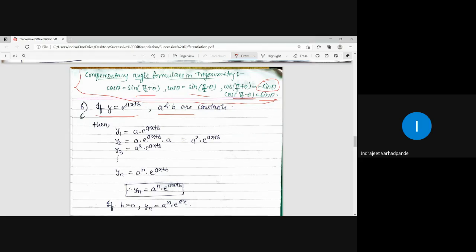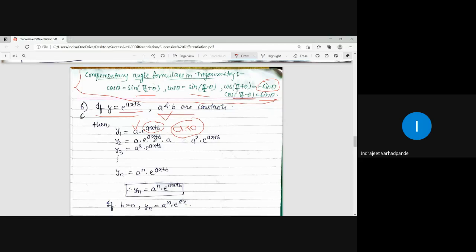So if y is equal to e to the power ax plus b, where a and b are constants, the first derivative will be e to the power ax plus b into the derivative of ax plus b. What is the derivative of ax plus b? Derivative of ax is a, derivative of b is 0. So I am getting a plus 0, which is nothing but a. Again you differentiate.